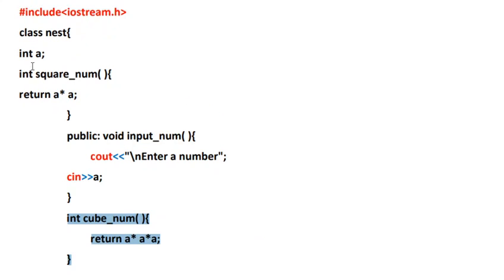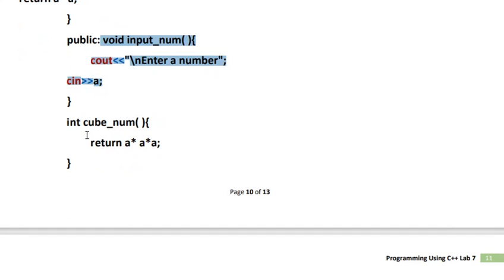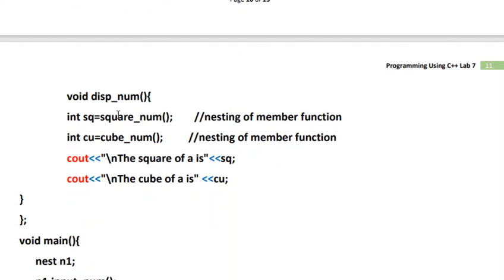So just see here, these two members, a and square num, are private members, and input num and cube num are public members. And I have a public function display num. In display num, I make a call to square num and cube num, and I print the result of square and cube.